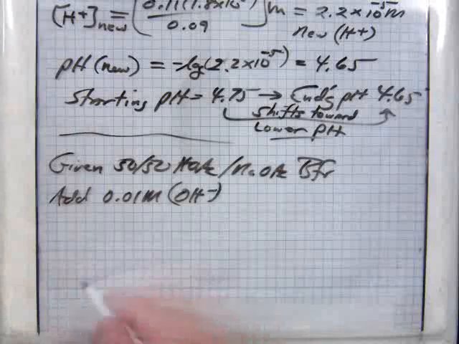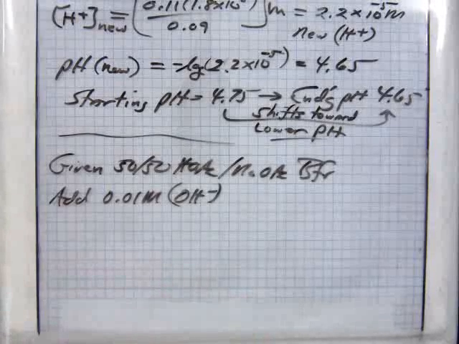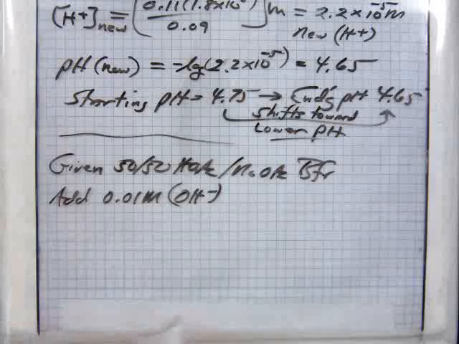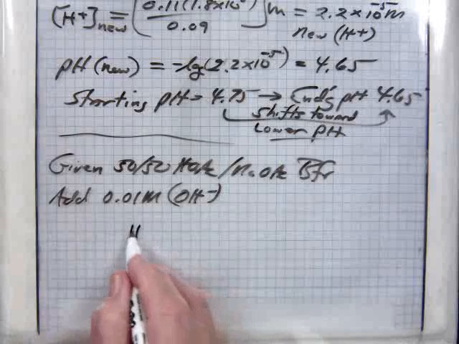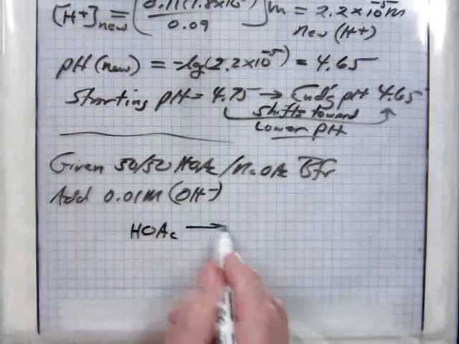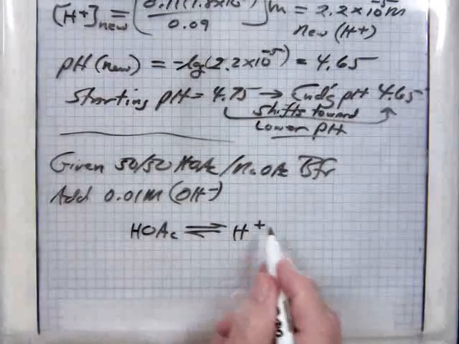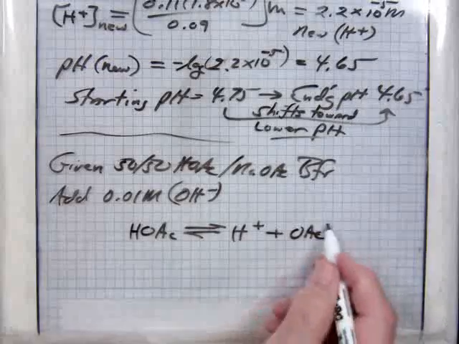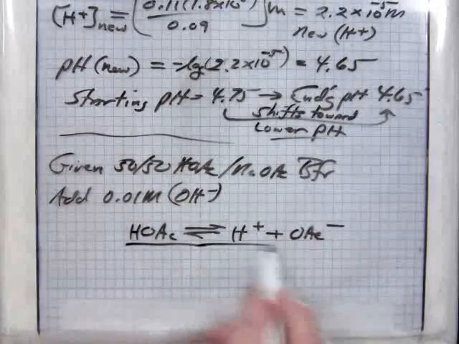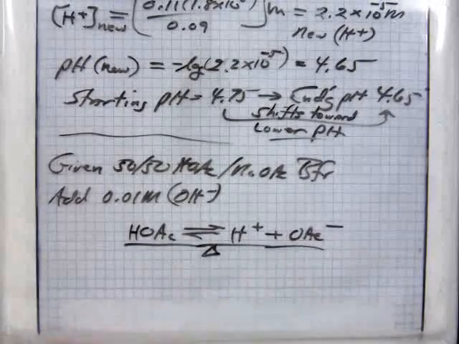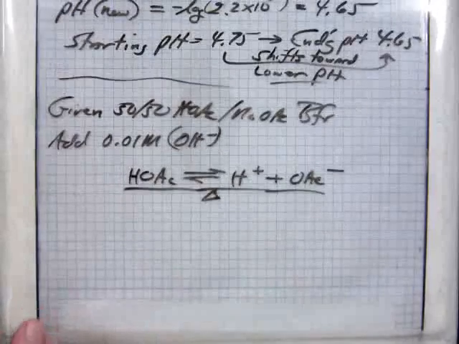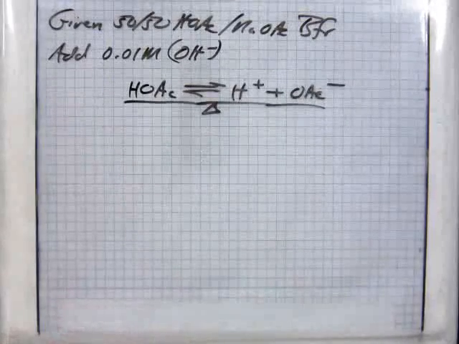Okay, so I'm going to start with the seesaw, and then we'll build the ICE table to show the change. And so we start with our balanced equation on the seesaw, like this. Move that up. Hopefully you got the notes on the first one.